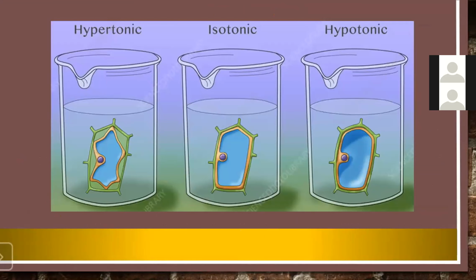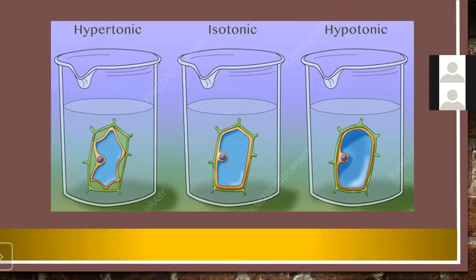Okay. So this is an illustration of the three circumstances. The first one is when we place a plant cell in what we call hypertonic solution. We said it will lose water.